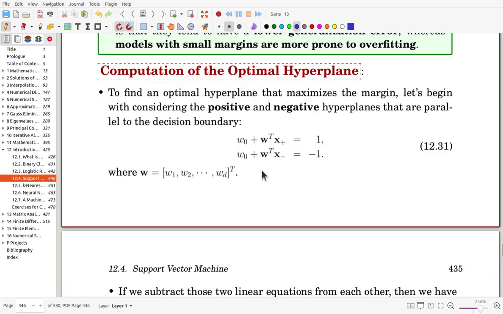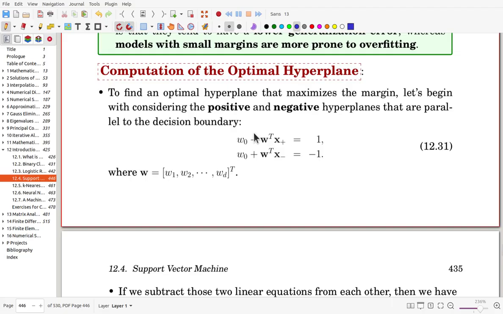In this way, we start with the positive and negative hyperplanes. From positive side points, the value is 1 on the boundary, and also for negative points, the boundary value is -1.